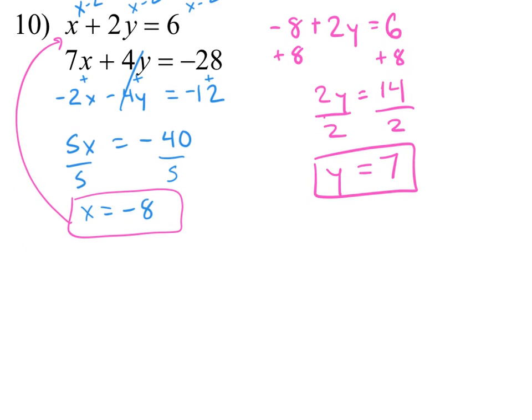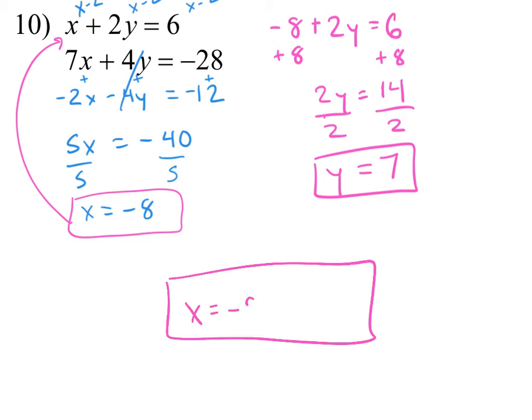So again, on the quiz, you have to put this into the box as x is equal to -8 and y is equal to 7. Any questions on this one? All right, let's go to the next.